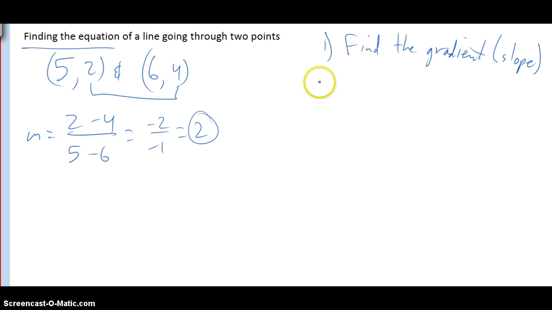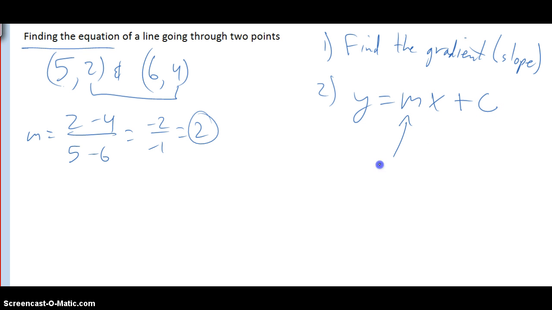Now, the second step, we use what I like to call the fancy-dancy magic formula when it comes to linear equations, and that is y equals mx plus c. You also may hear it mx plus b. It doesn't matter what this letter is, but it does matter what it represents.